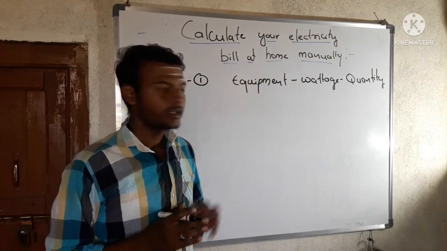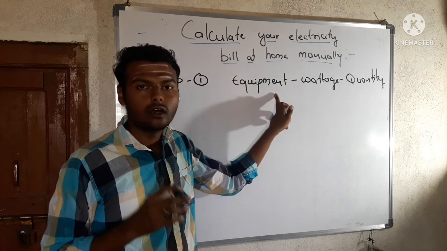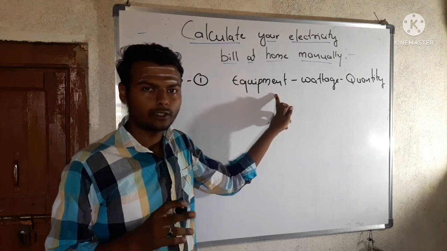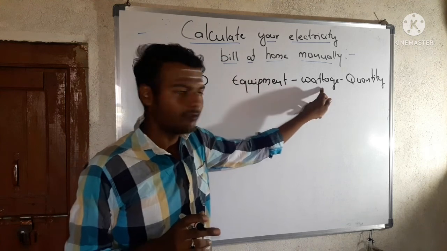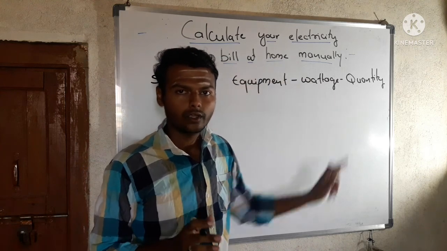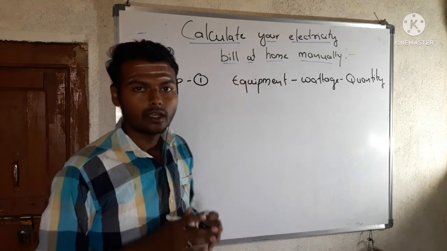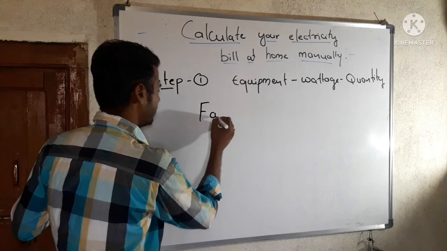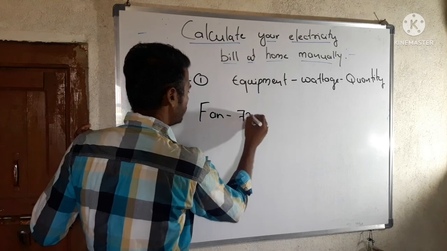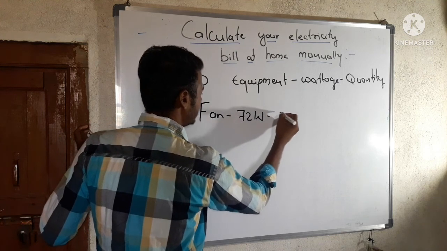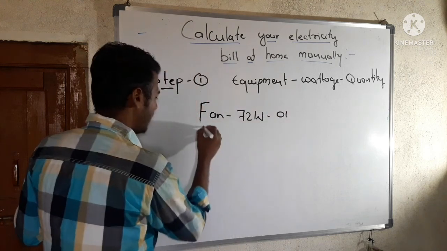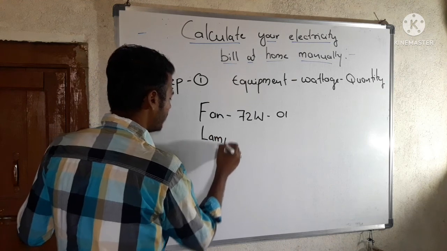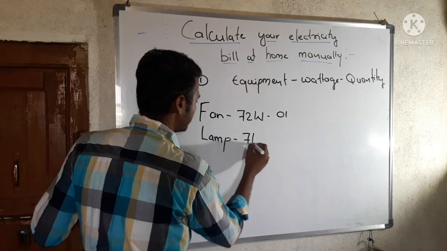In the first step you need to list out all the electrical equipments that you have at your home with their wattage and quantity. For example, I have in my house a fan with wattage of 72 watts. The quantity is 01, and I have a lamp of 7 watt.